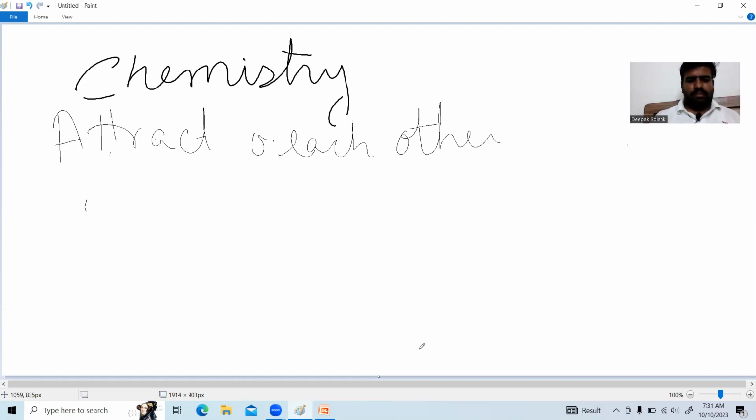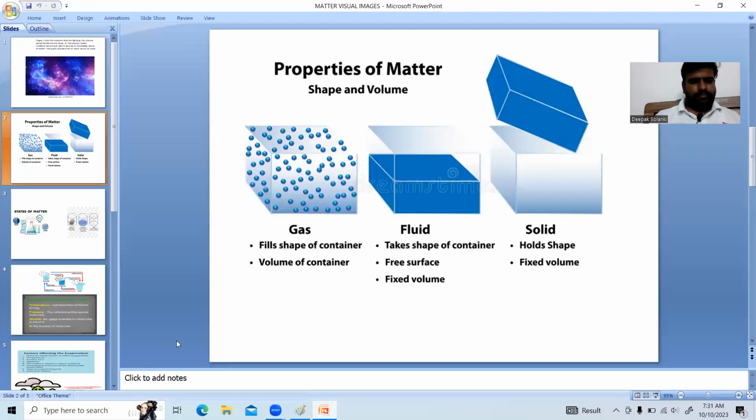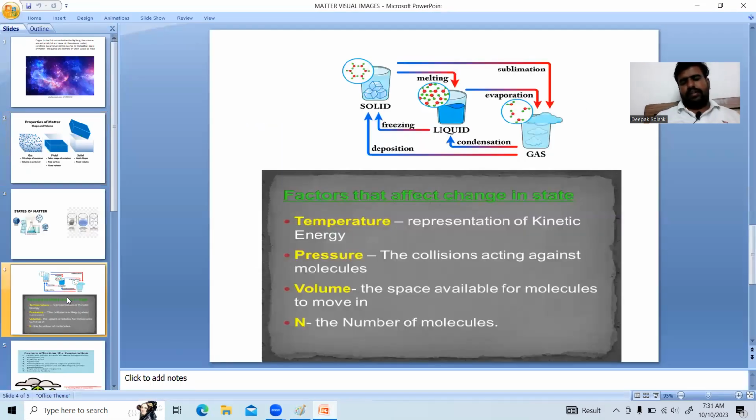Now let me tell you about the change of state. We can convert the state of matter from one to another. From solid to liquid we can change by melting.